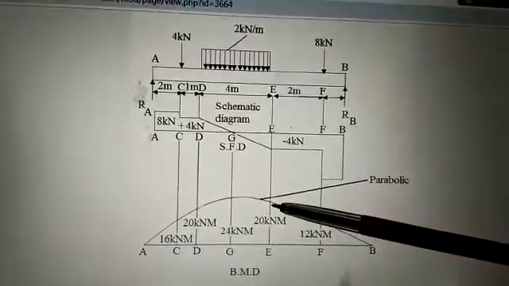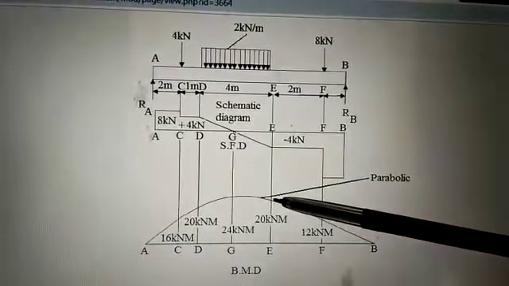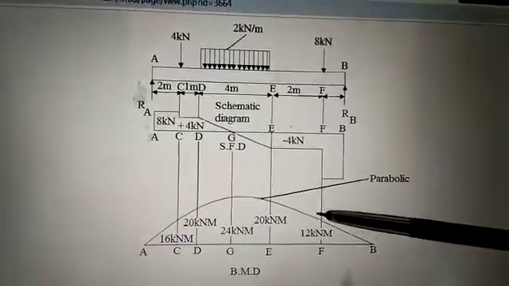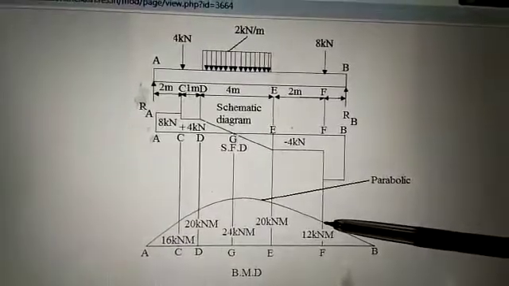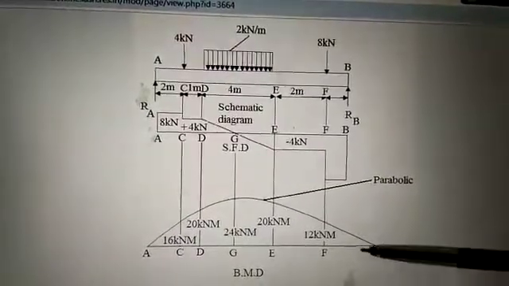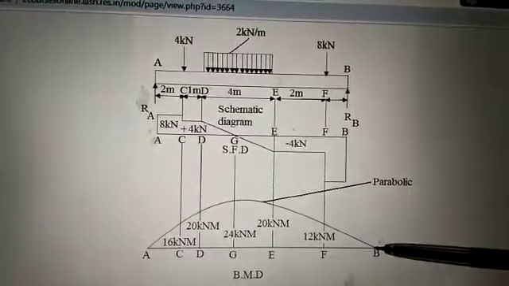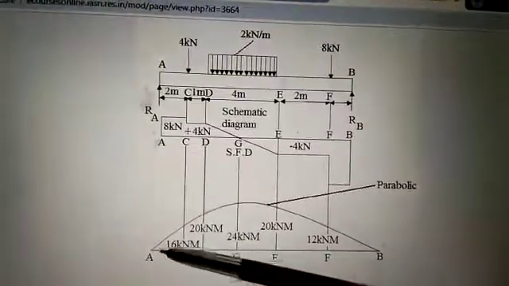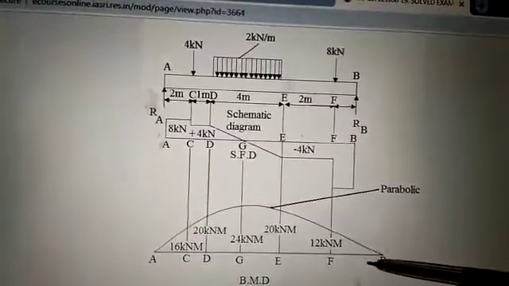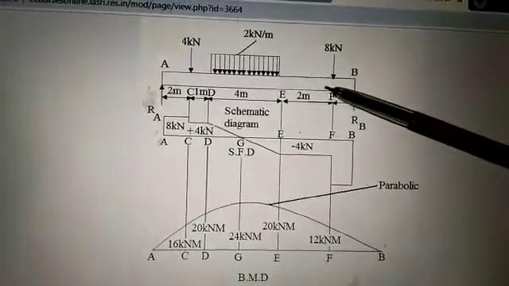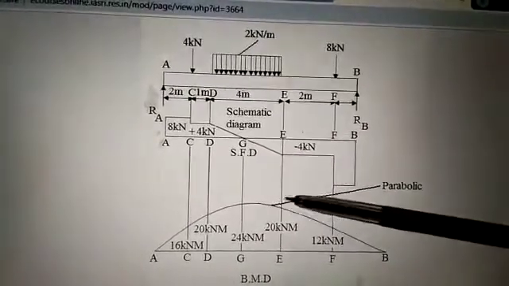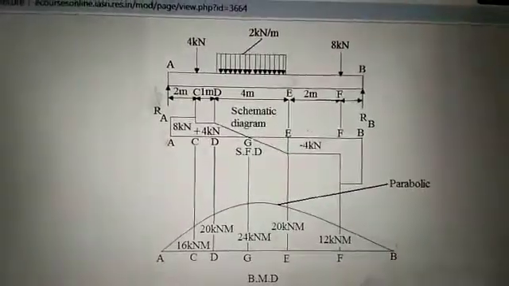Then at point E, we obtained 20 kilonewton meter. Then at point F, we obtained 12 kilonewton meter. And at point B, the moment is 0. So this is the bending moment diagram for this loading of the simply supported beam, which is of parabolic nature. Thank you.